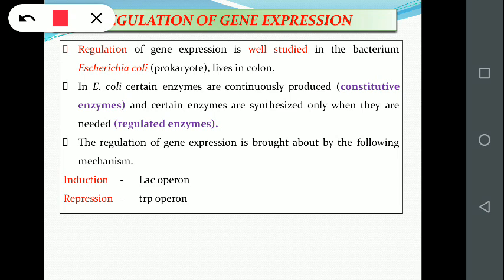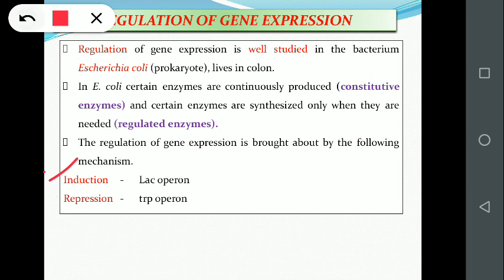So whenever the need arises, only then are those enzymes synthesized by gene expression. Here, regulation of gene expression is divided into two types based on their mechanism. The first one is induction and the second one is repression.